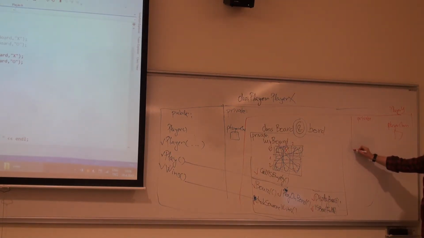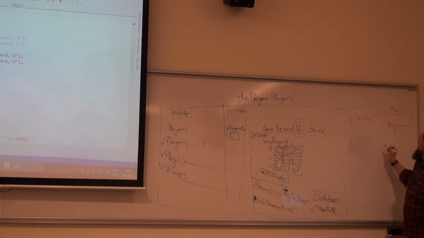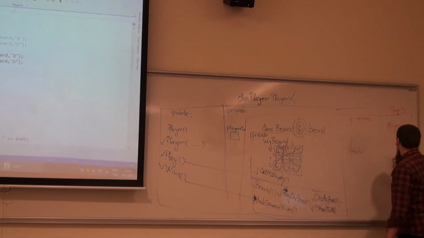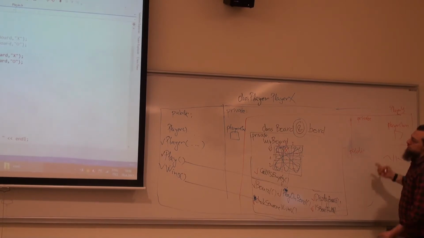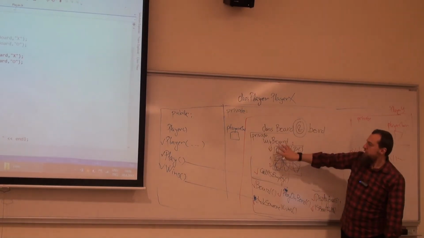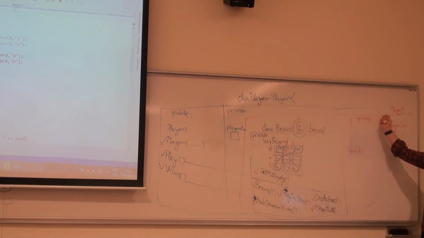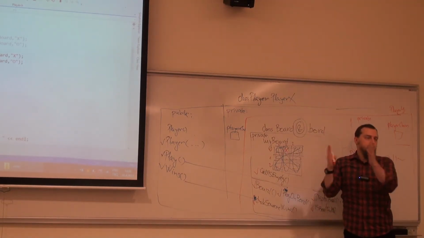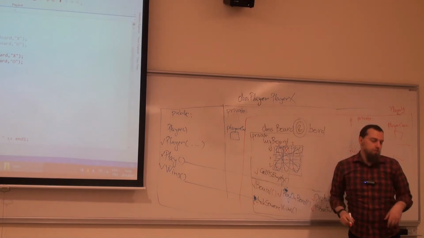Okay, this is private. And public, of course, has the same functions, which I'm not going to repeat. So if one of those players makes a change in this board, the other one can see it. If this player makes a change in this board, player X can see it because they share it using references.